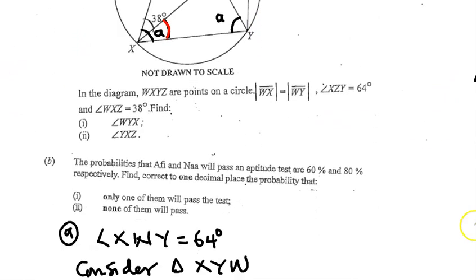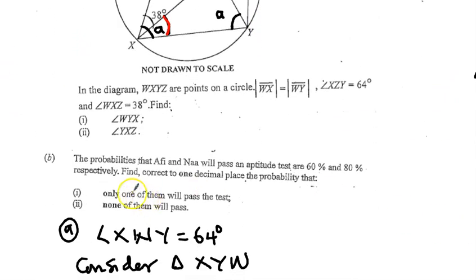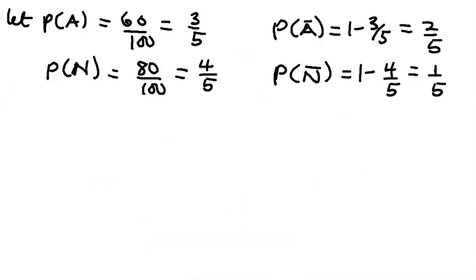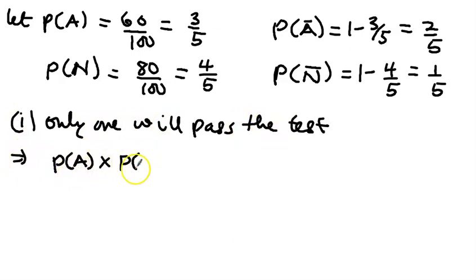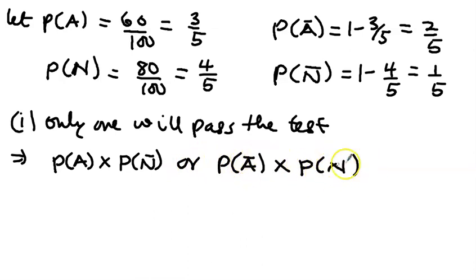We have to find that only one of them will pass the test. It means the probability that Afi will pass the test and Na will not pass, or the probability that Afi will not pass the test and Na will pass the test. So these are the options.